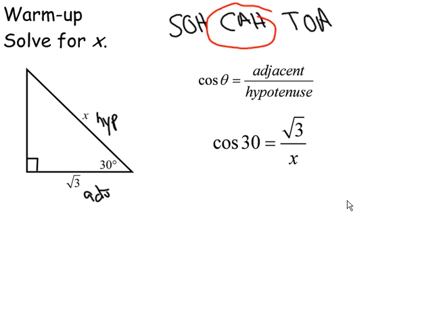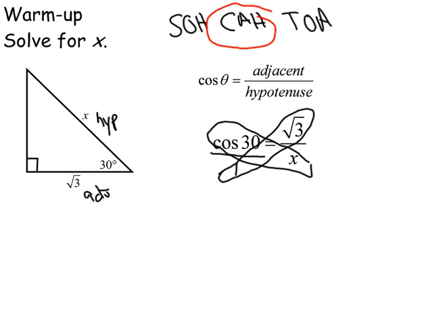Now all we have to do is solve for x by doing a little bit of algebra. So we can go ahead and put this over 1. We're going to cross multiply. So we're going to have radical 3 times 1, and then x times the cosine of 30. So we get radical 3 equals x times the cosine of 30.